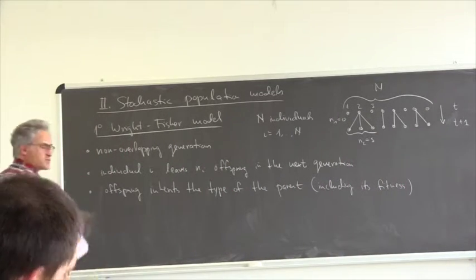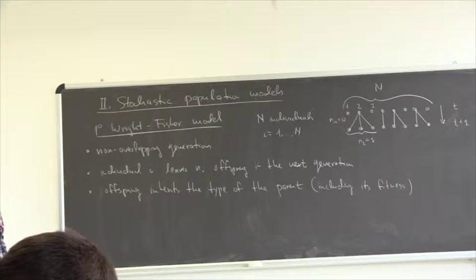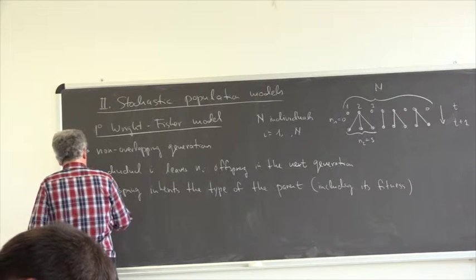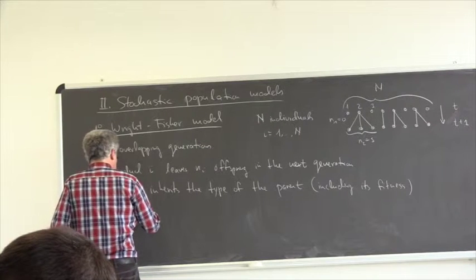And for this whole discussion, we will not consider any mutation. So the types are passed on to the offspring, but they don't change, right? So we have no mutations.